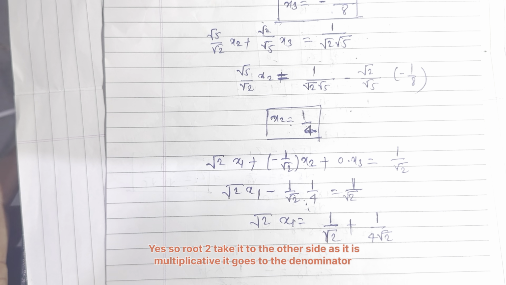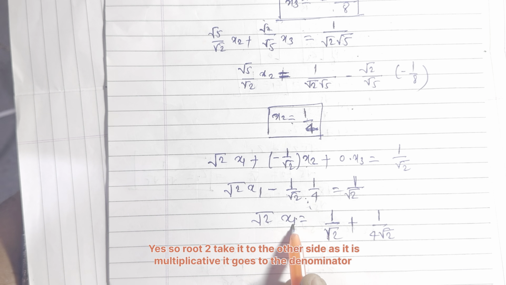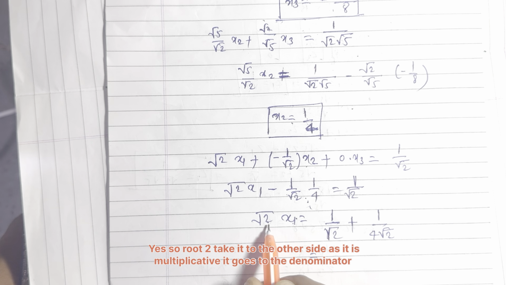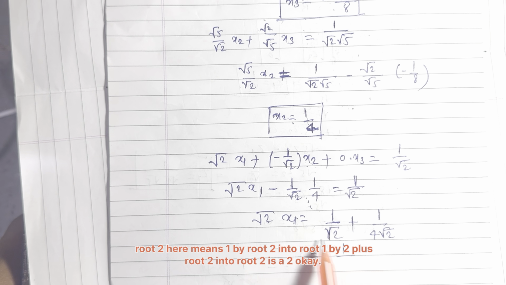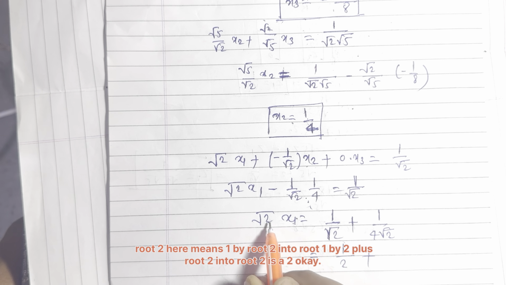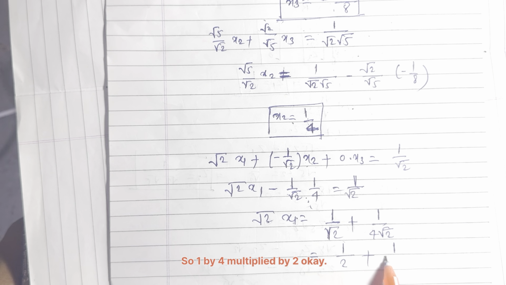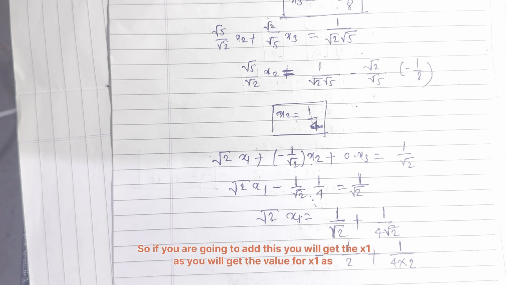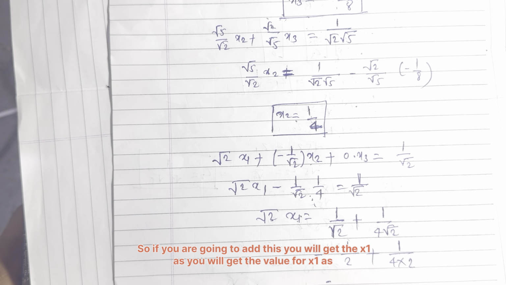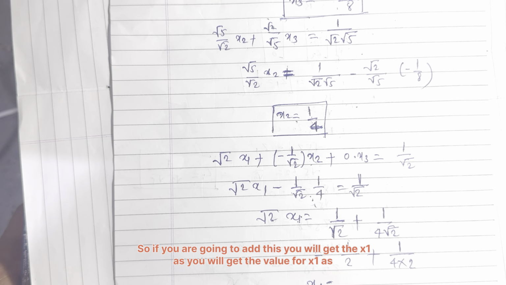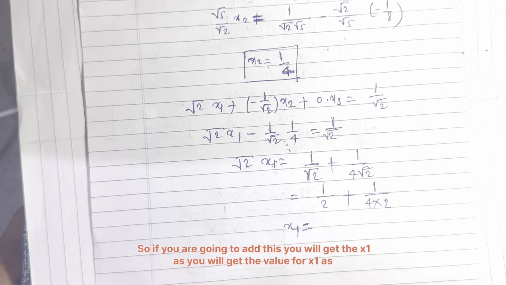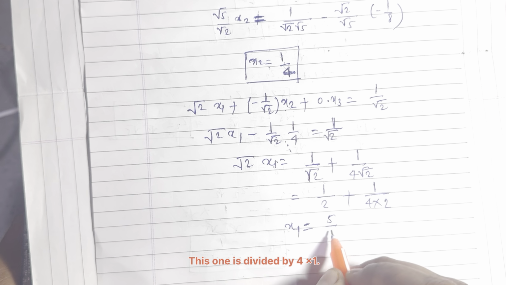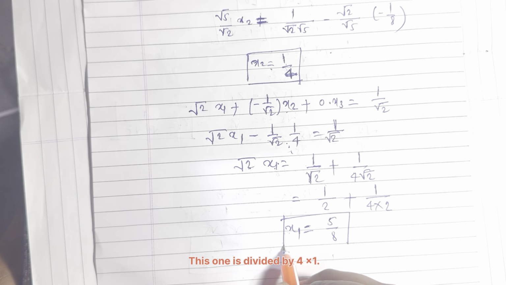Root 2 goes to the other side; as it is a multiplicand it goes to the denominator. So 1 by root 2 into root 2 is 1 by 2, plus 1 by 4 multiplied by 2 is 1 by 8. Adding these, you will get the value of x1 as 5 by 8. This is the value for x1.